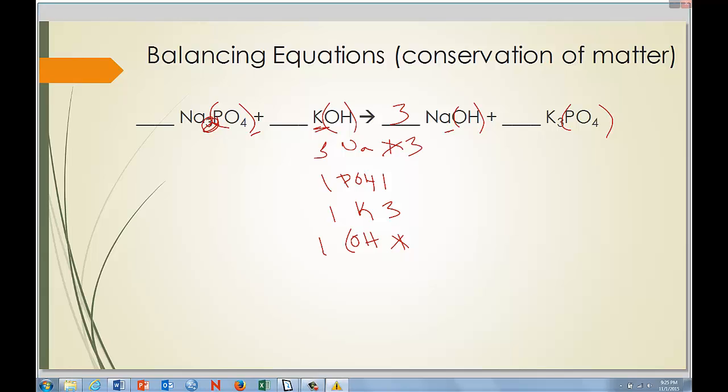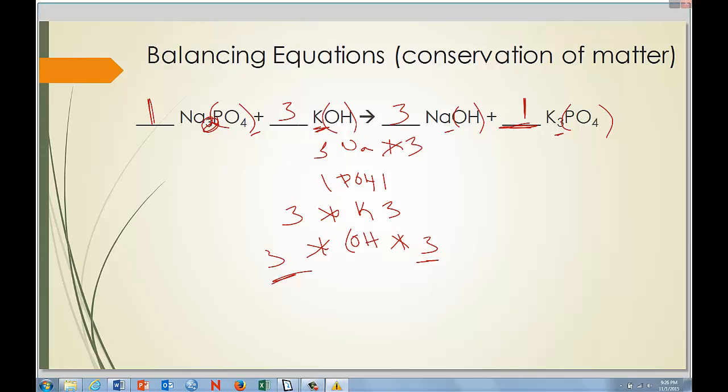PO4, I have 1 and 1. K, I have 1 K here and 3 here. So I'm going to multiply the left side by 3. That actually ends up changing my OH to also being 3, which then ends up balancing the OHs out. And that's all there is. If there's a blank, that's automatically a 1. Don't get fooled by that.